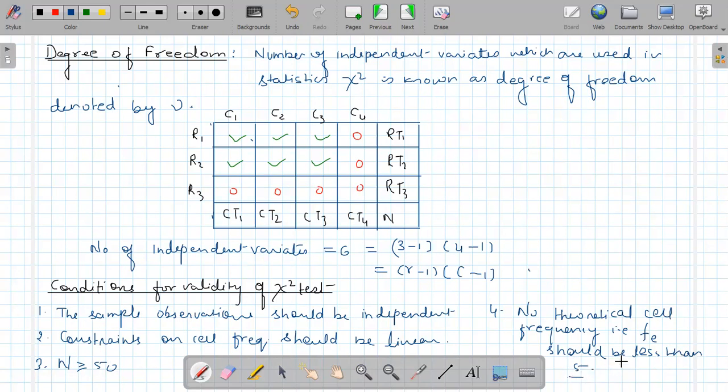The value of Fe that you calculate should not be less than 5. The capital N value should be 50 or more. So we take care of these 2 points while doing numerical problems.